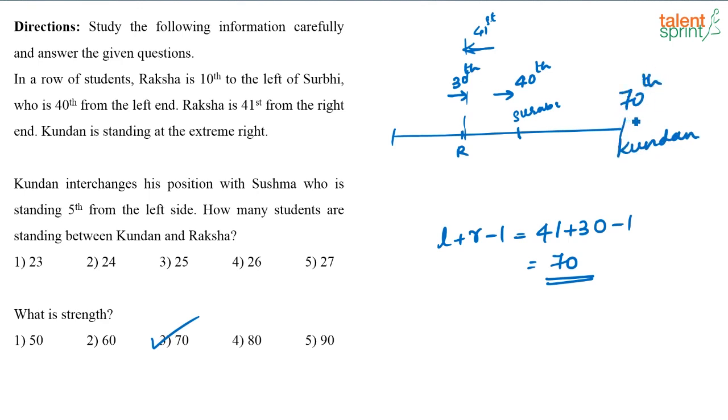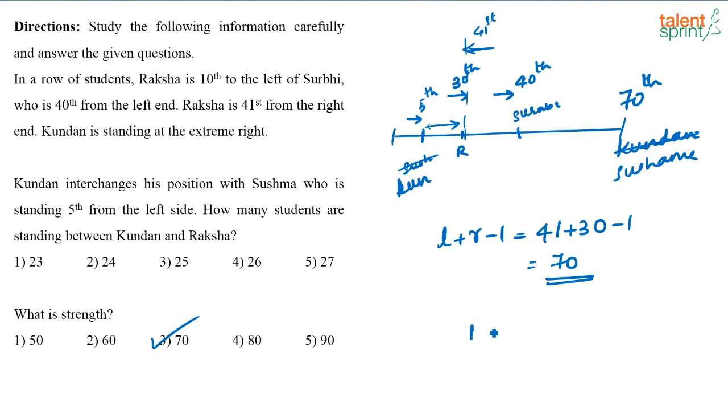Now he is interchanging his position with Sushama, who is 5th from the left end. So Sushama is going here and Kundan is coming here. Now how many students are standing between Kundan and Raksha? Kundan is 5th, Raksha is 30th. So how many people will be there between them?